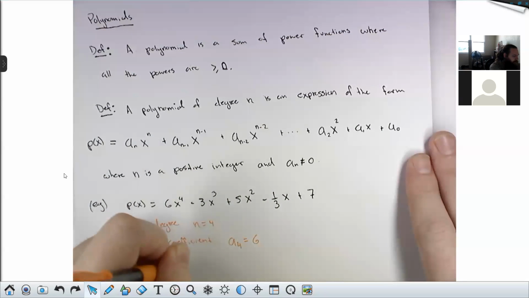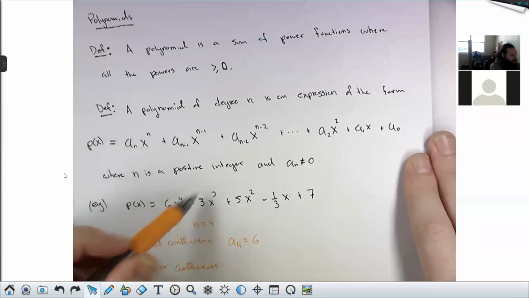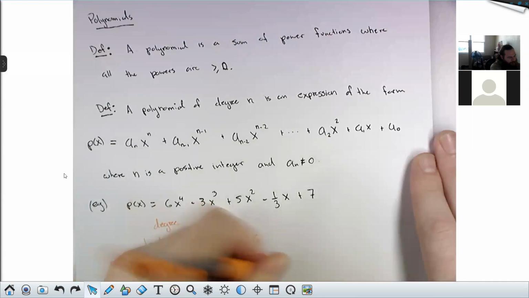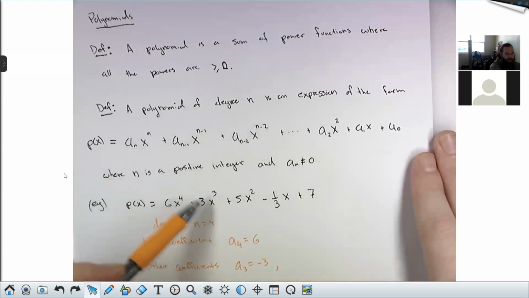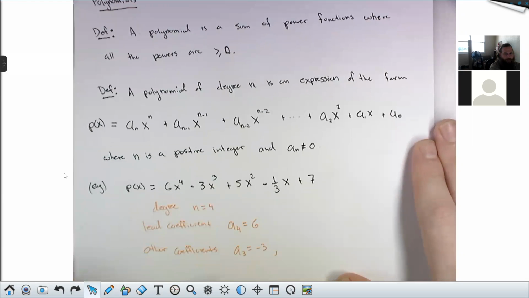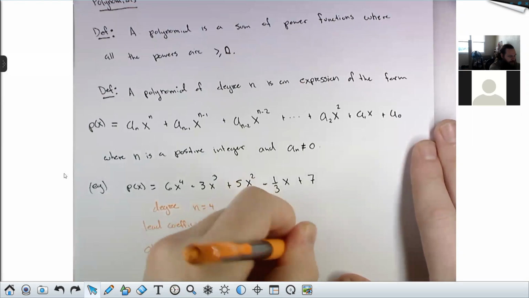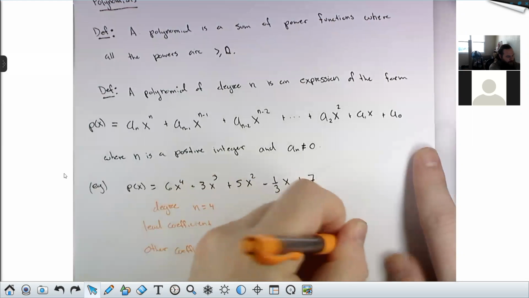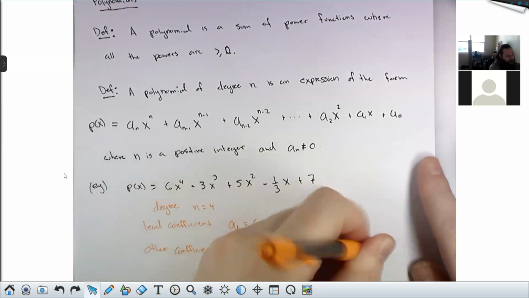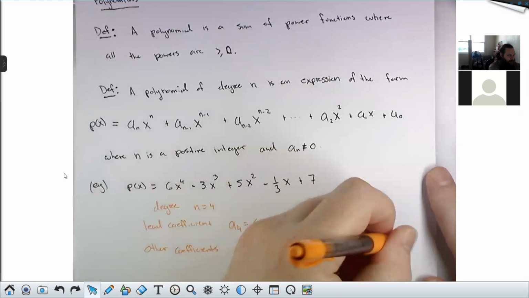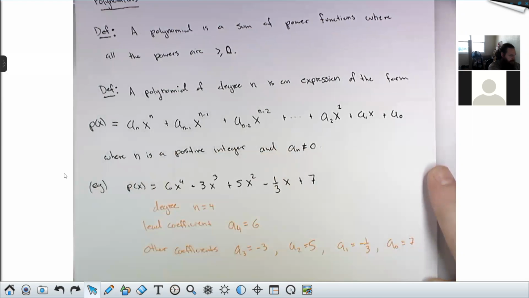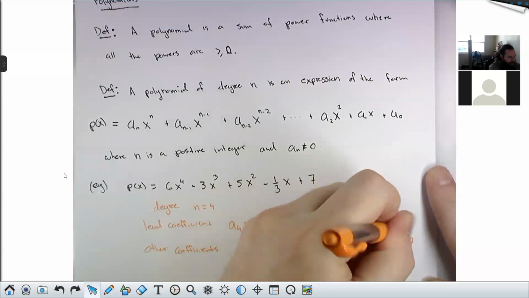Let's do it. a_3 would be -3, the number that is attached to x cubed. a_2 would be +5. a_1 is -1/3. And a_0, the constant term, is 7. The special name for this one is the constant term.